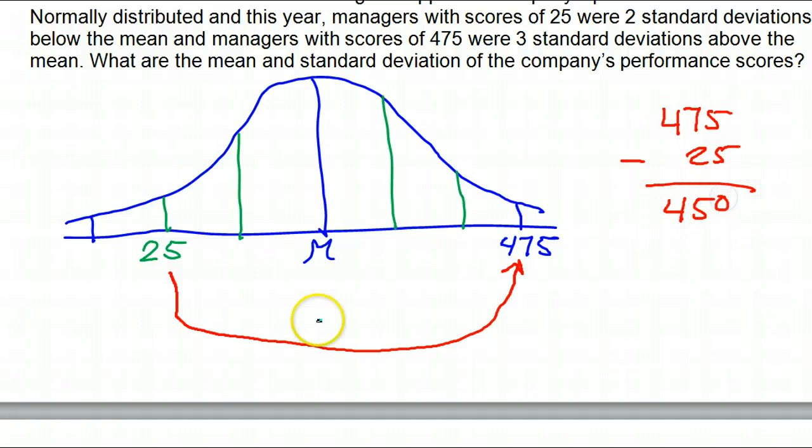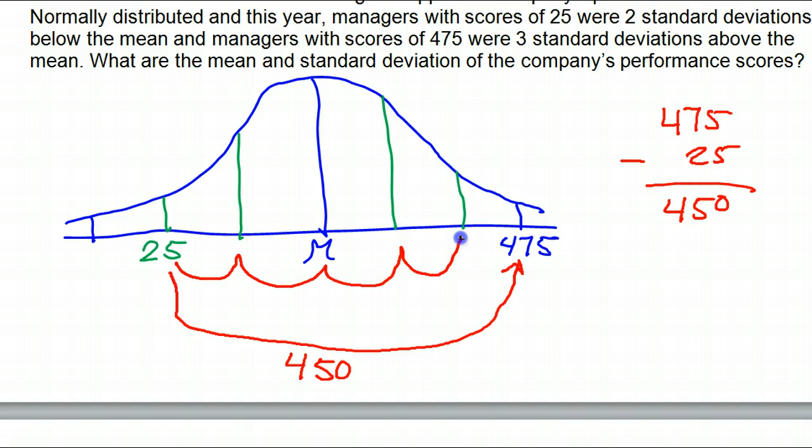So that's how far apart these are. Now, this is 1, 2, 3, 4, 5 standard deviations away. So we need to do 450 divided by 5. That is 90.